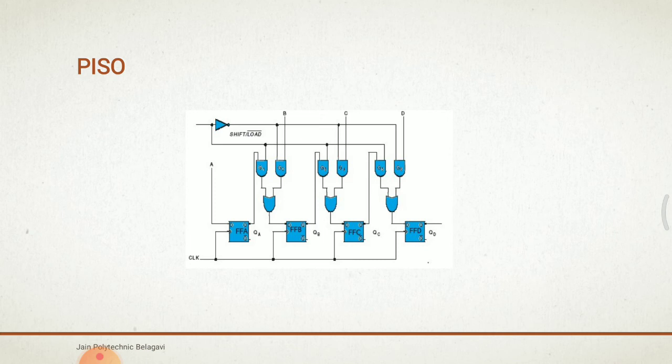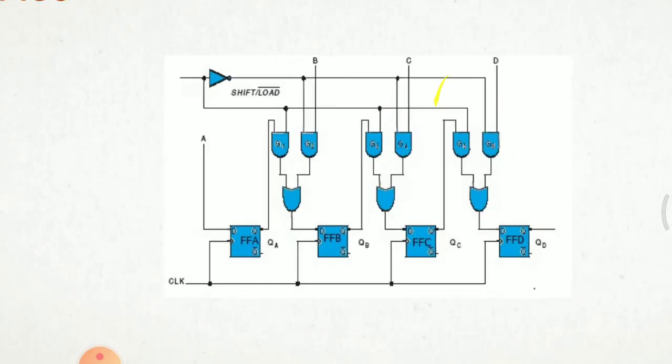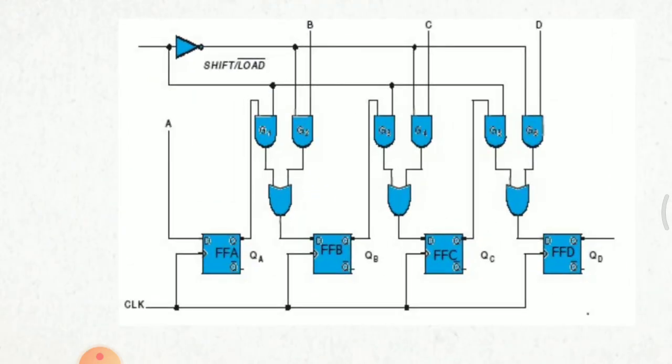When shift or load is high, the AND gates G1, G3 and G5 are enabled, allowing the data to shift right from one flip flop to the other. When shift or load is low, AND gates G2, G4 and G6 are enabled, allowing the data in the parallel inputs.